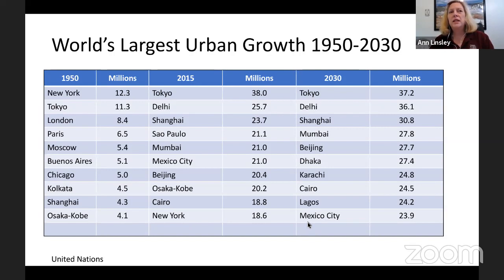Notice that in 1950, you only had one of the cities that was in China. And in 2030, you're now up to two, but you have four cities in South Asia, and Mexico City is in there. Think about this. Are any of those cities surprising?